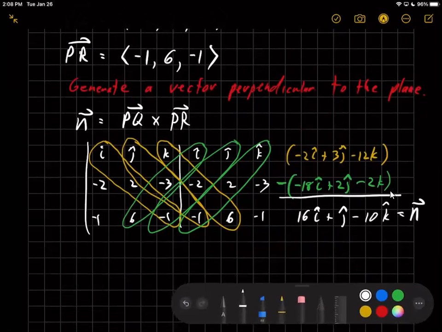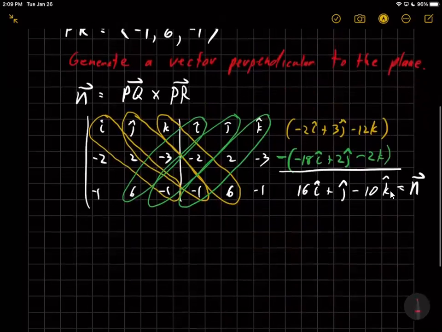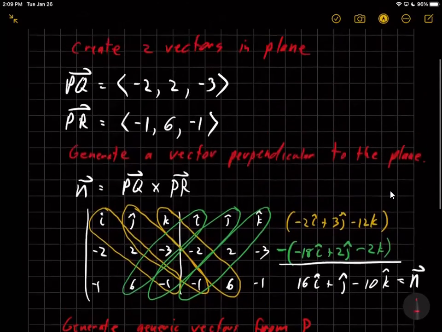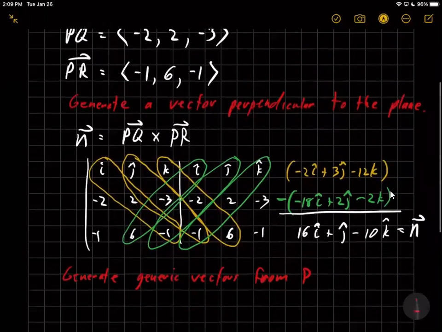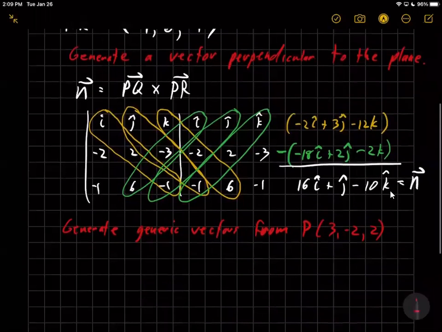Now what we need to do is generate generic vectors from P. Let me write down P was 3, -2, 2. These could go out to any point in space. Q would be x, y, z.